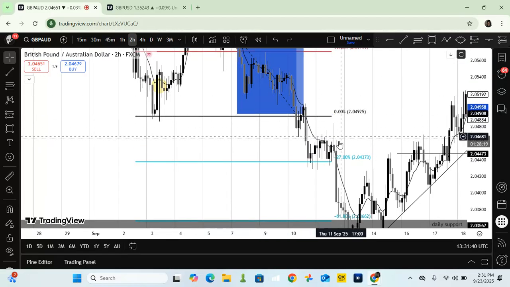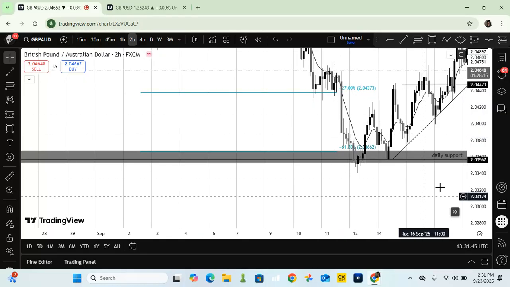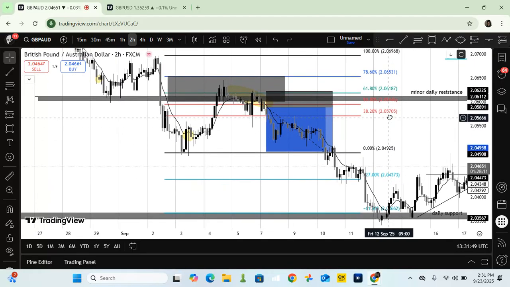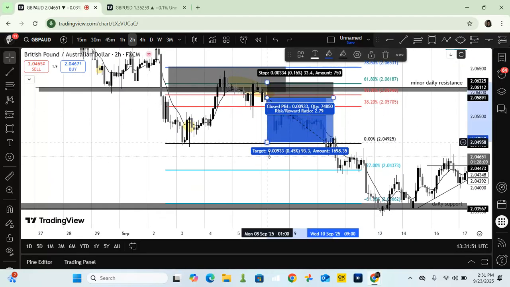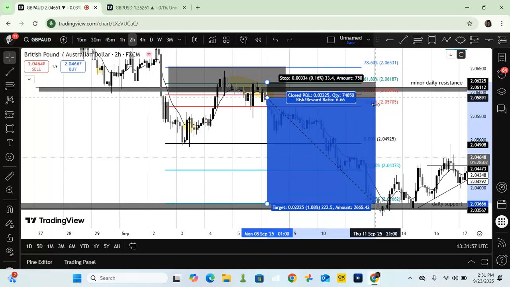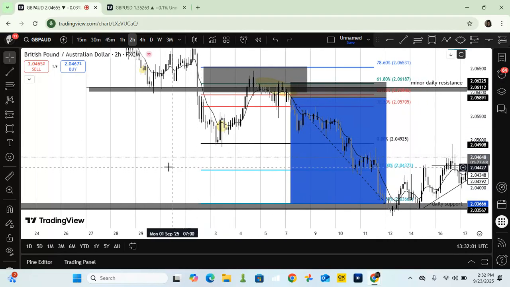It broke through the 0.00 down to the 27 and down to the 61.8. It's crazy. Fibonacci really helps you to know when the market is going to retrace. It allows you to catch big market moves, but you just have to be patient enough to wait for that retracement again.